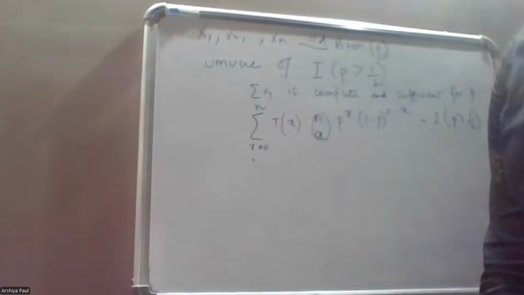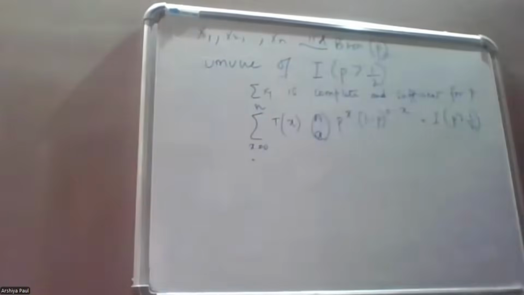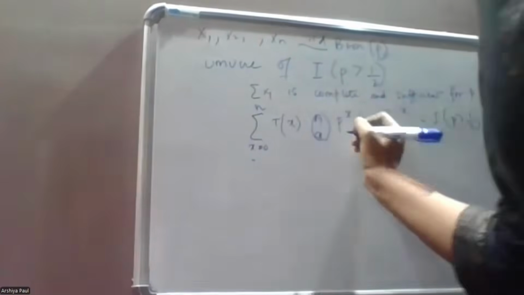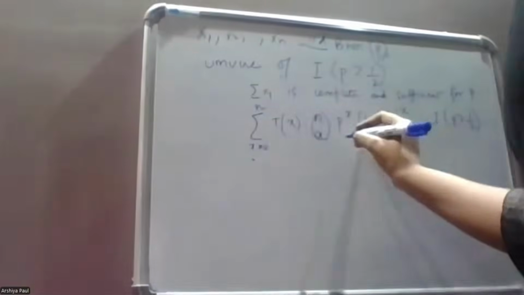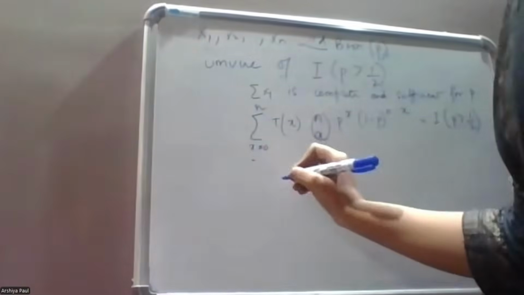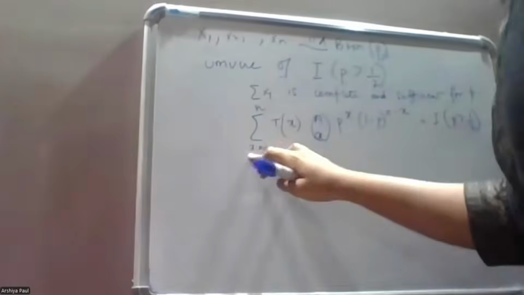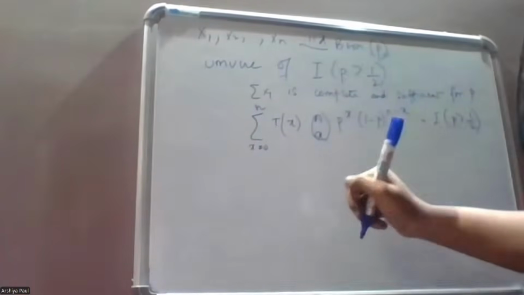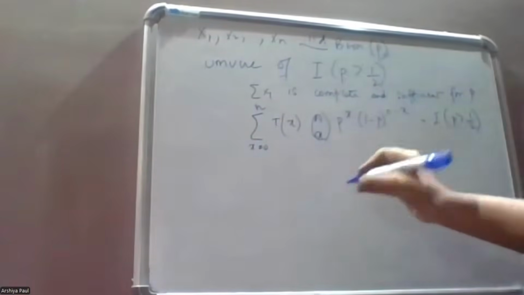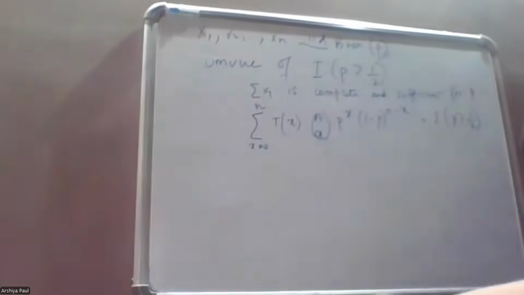Just give me an intuitive idea. It is a polynomial of degree x. No, what is the maximum value that the power of p can take here? The power of p can take a maximum of n.